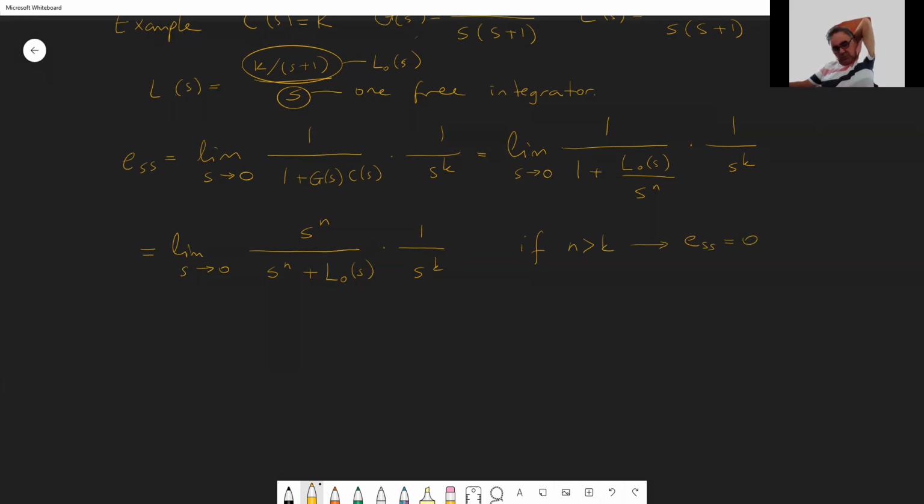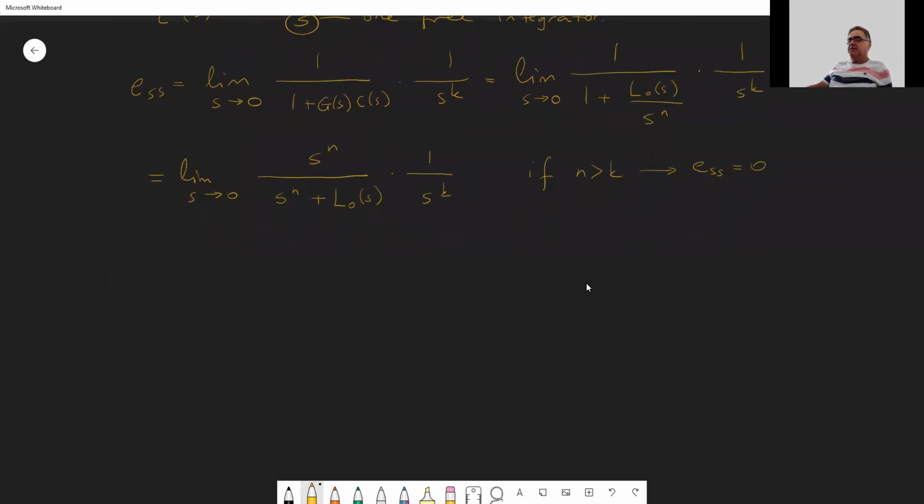We want, if possible, the steady state error to be 0 for different kinds of inputs, and that is somehow related to the number of free integrators in the system. We will see. So n greater than k gives ESS equals 0.